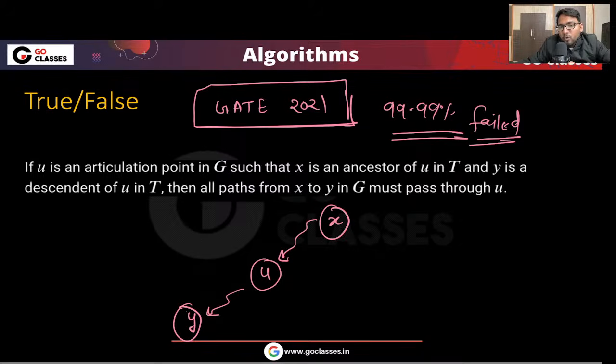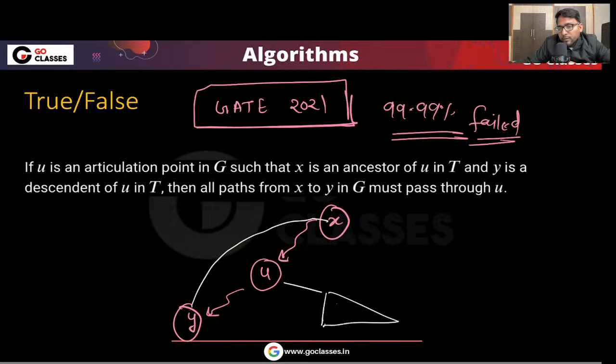Which means if you want to go from Y to X, and this is an articulation point, then you must be passing through this. What do you think? Can they be directly connected and still U is an articulation point? Yes, maybe because of some other subtree.